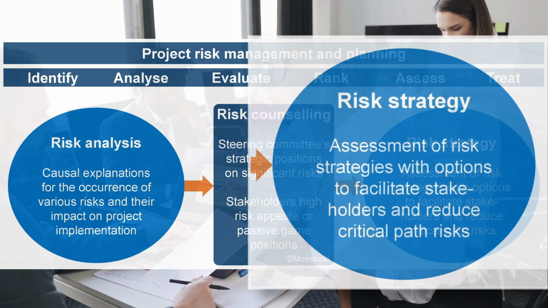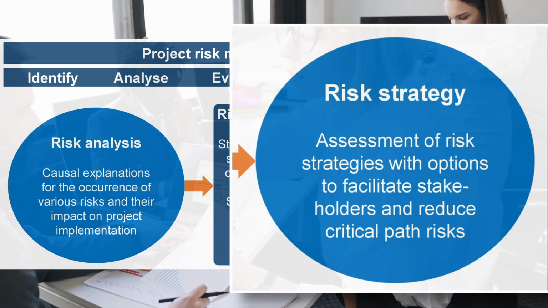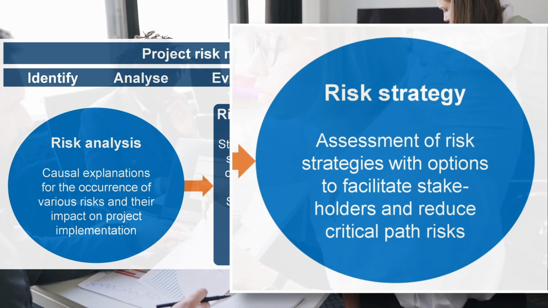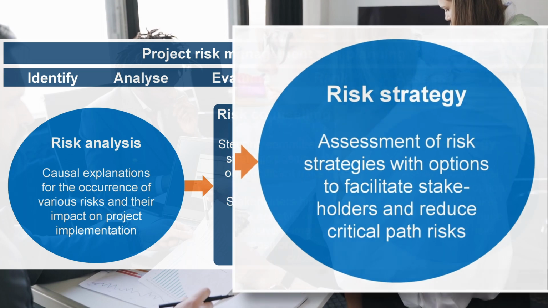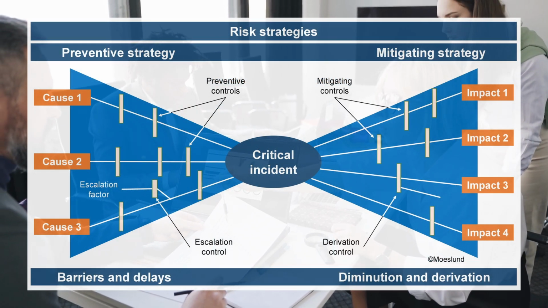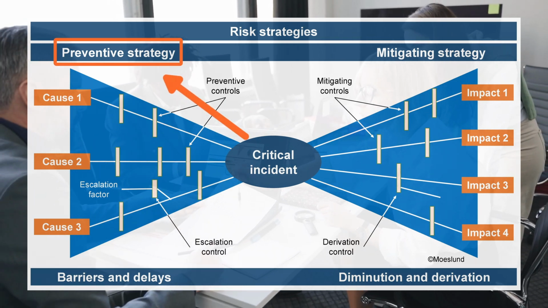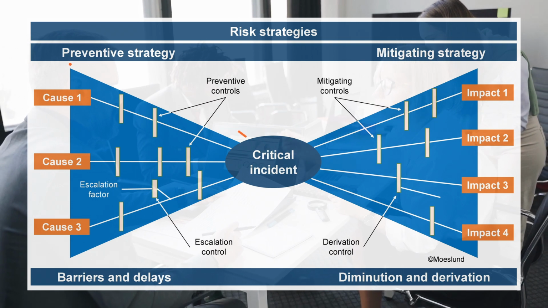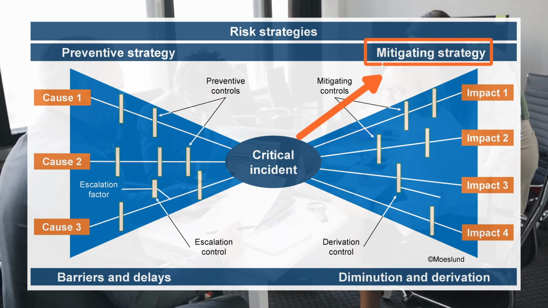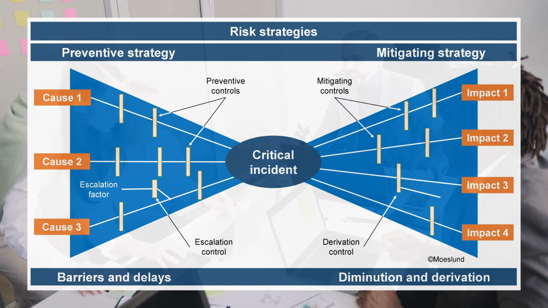The two fundamental risk strategies therefore need to be applied to these. To address residual risks, they need to be assessed in advance, as well as actively managed in plans relating to the two strategies. We can either try to prevent the probability of a critical incident occurring, or we can try to mitigate the consequences once the incident has hit the project.